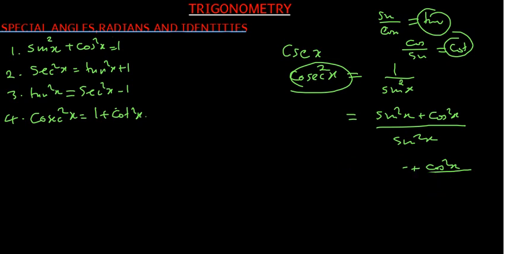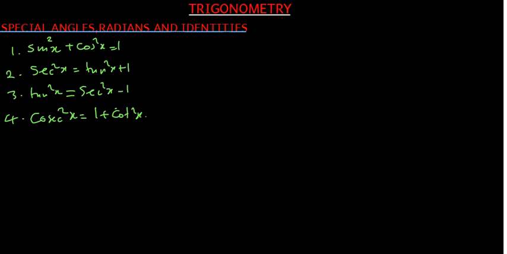Alright. Apart from this, we can also have other identities which come from compound angles. Let's say you've been given cos(A plus B).